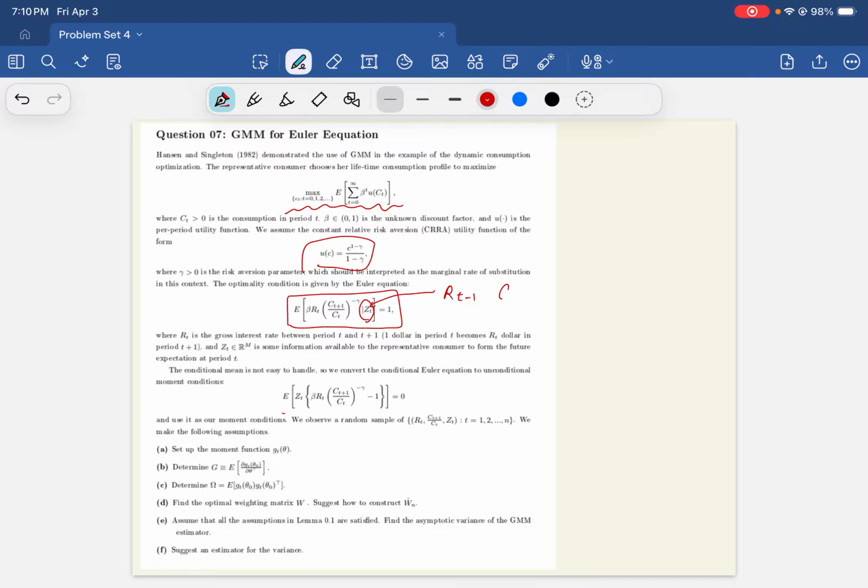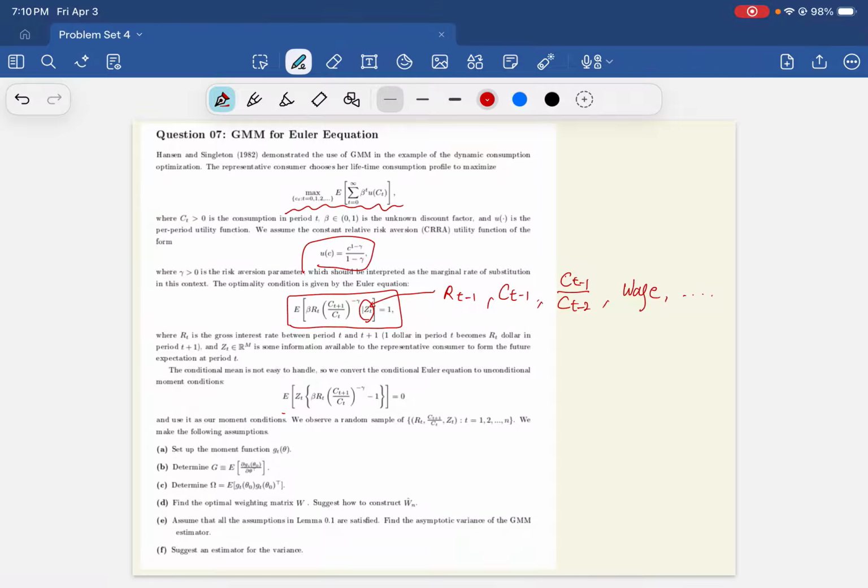Or you may also use the previous year's consumption or the previous year's growth rate, something like that. And also you may use the wage rate, or a lot of things. Okay. So for the details, if you are interested, ask your macroeconomics professor.